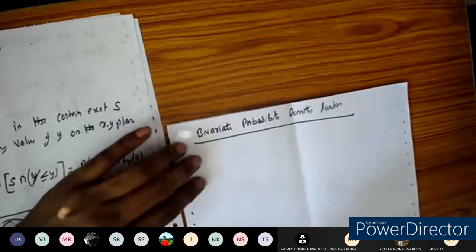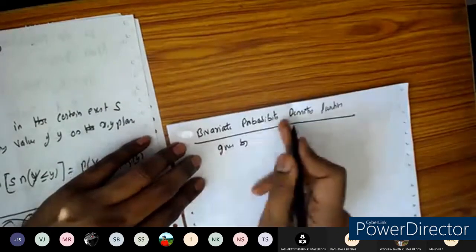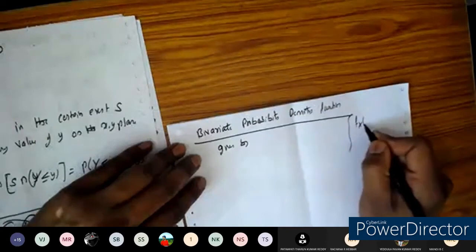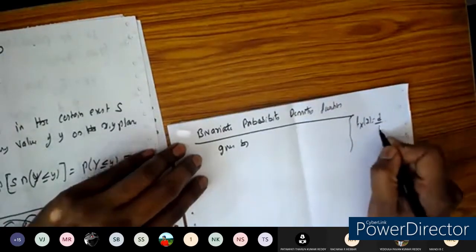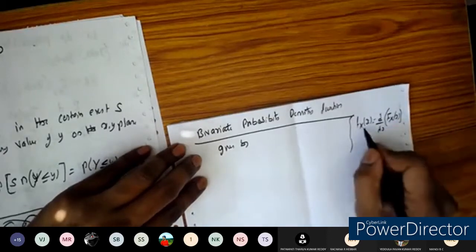This bivariate PDF is given by the following. As we know, f_X of x can be obtained by differentiating F_X of x; by differentiating the CDF, you get the PDF.